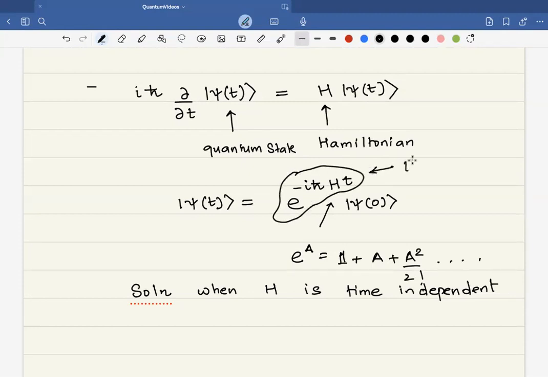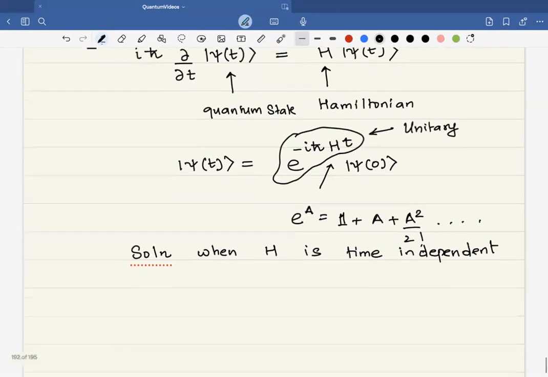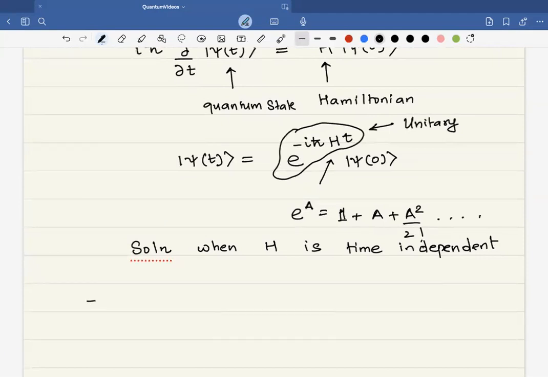So this is the unitary operator that determines the dynamics of the system. For example, in quantum chemistry, you could be given a Hamiltonian, and you want to see what the dynamics are, and maybe you want to know the ground state or the ground state energy of the system.